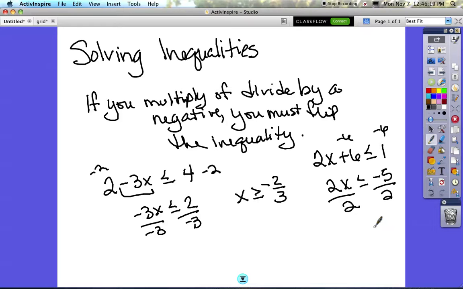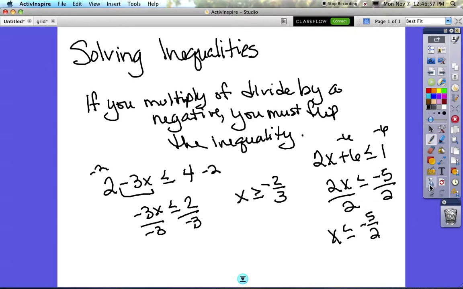I've got a negative, but what I divided by is positive 2. So be extremely careful that you don't think any negative over there flips the inequality. It has to be what I divide by. Okay? You understand what I'm saying? This negative 5, I did not divide by negative 5, I divided by 2. Okay?